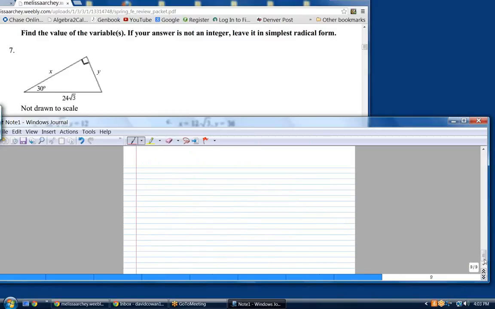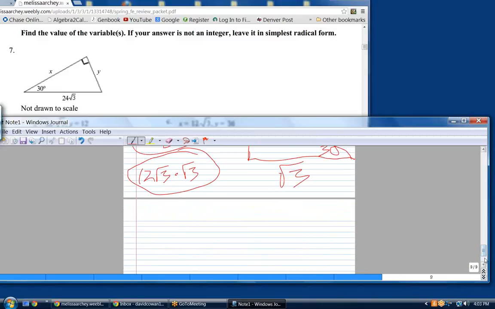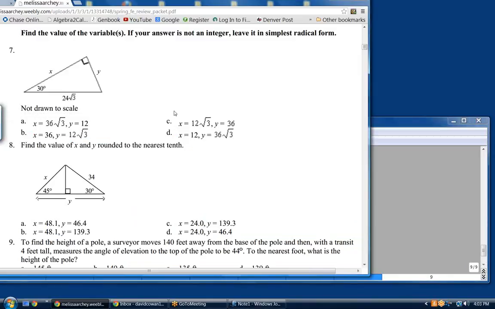Yeah. What's root 9? What do you mean, what's root 9? Simplify it. Oh, it comes to 3? Okay. So it's 12 times 3, 36. So x is 36.